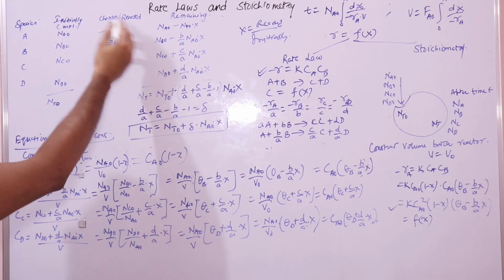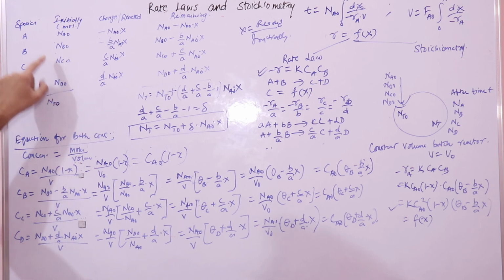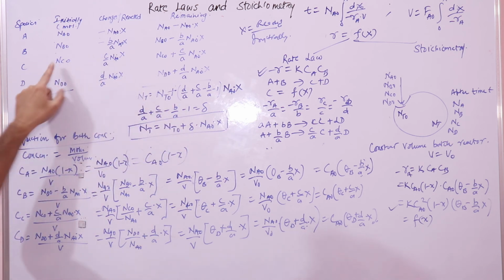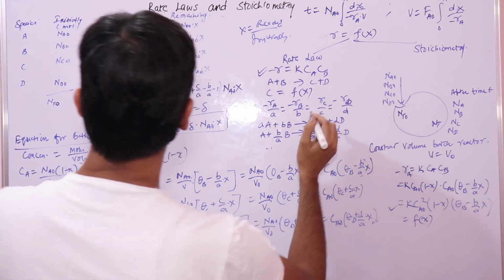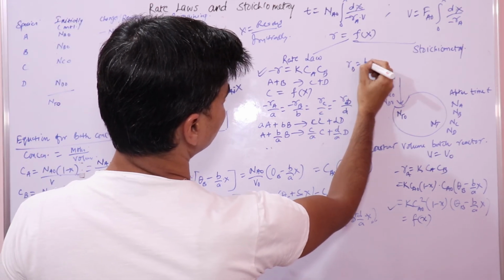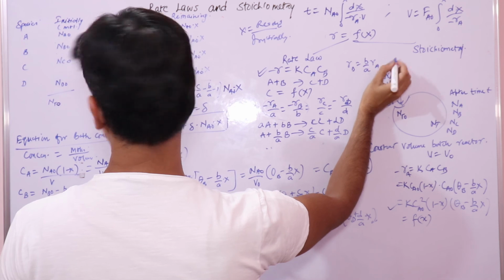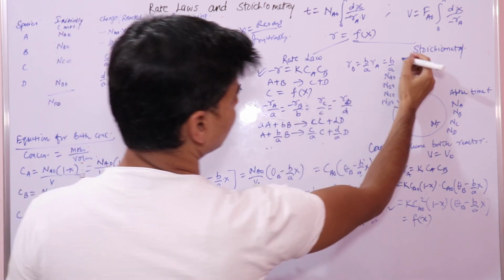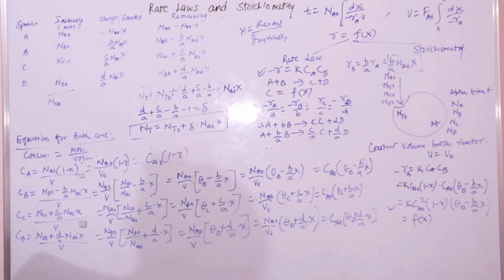And we expressed the number of moles in terms of A. For B we did RB equals b upon a RA, and RA is Na0 X. Same is for the others.